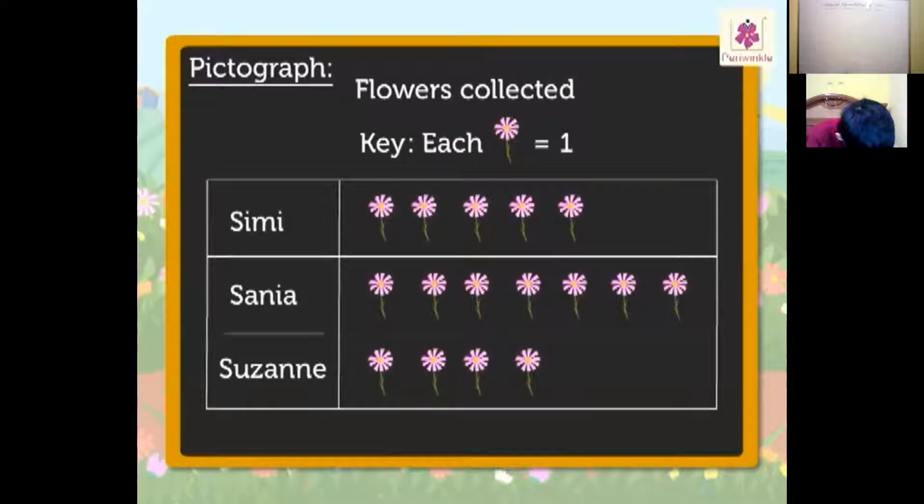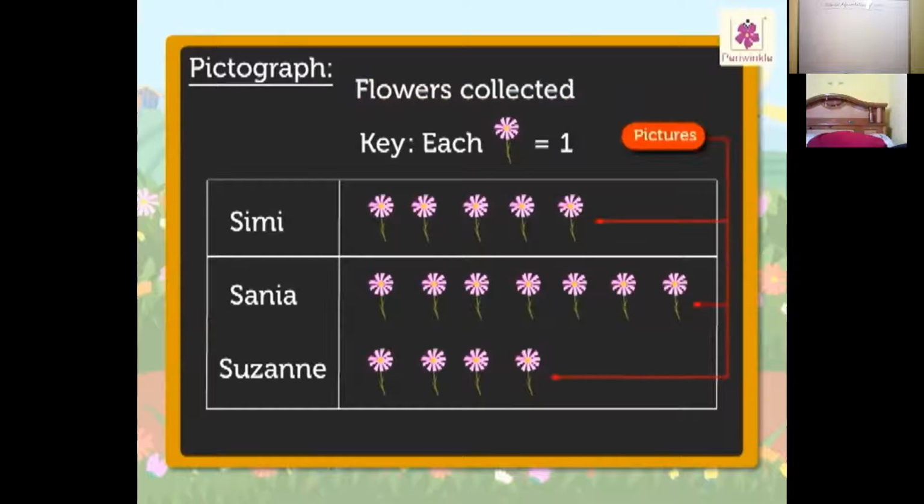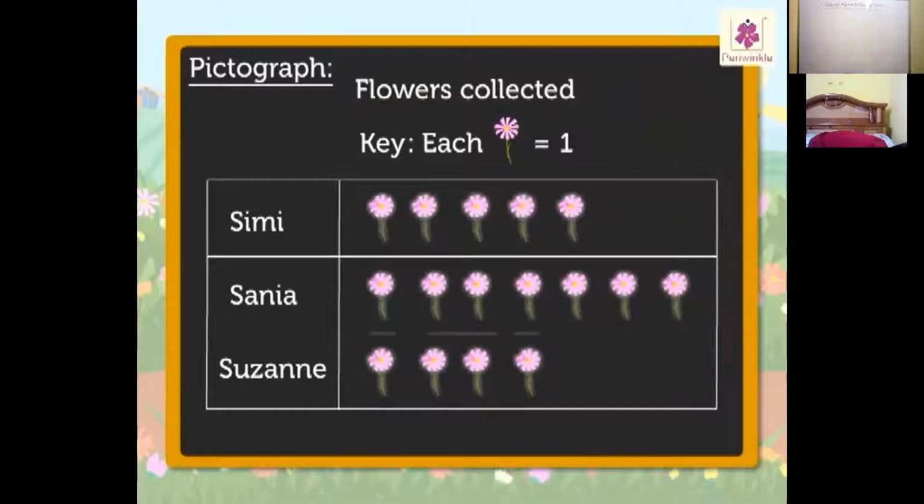We should be able to collect information from a pictograph by reading it. Every pictograph has 1. A title which tells us what the pictograph is about. 2. Pictures which tell us the given number of objects. 3.